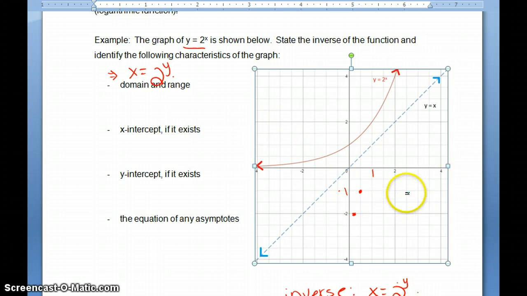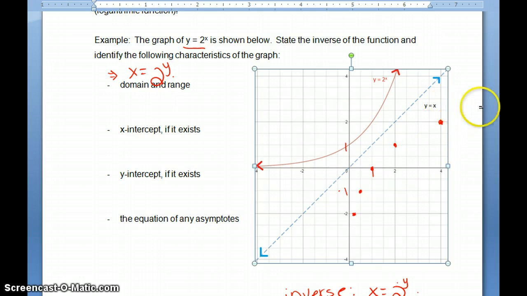Then we have y is equal to 0, so that's when it crosses the x-axis. At 0, your x value is 1. Then we have y is equal to 1, and x is equal to 2. And our last point, we have y is equal to 2 and x is equal to 4.